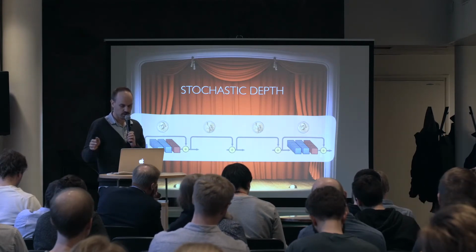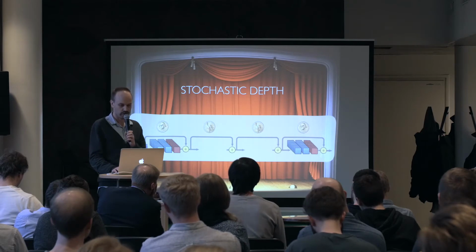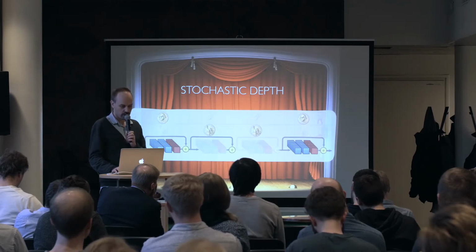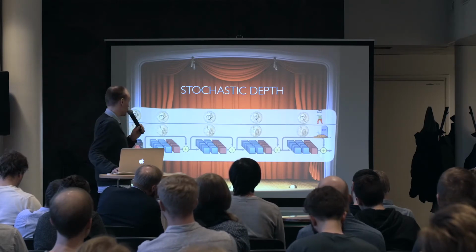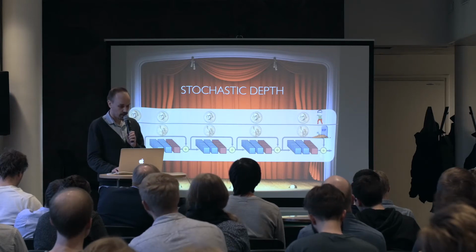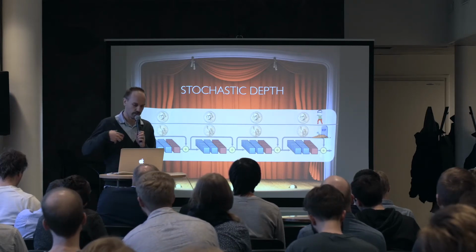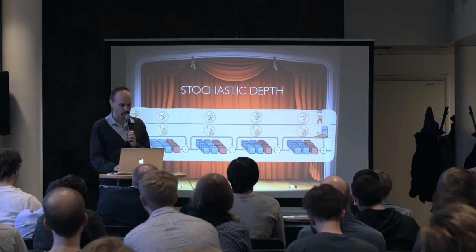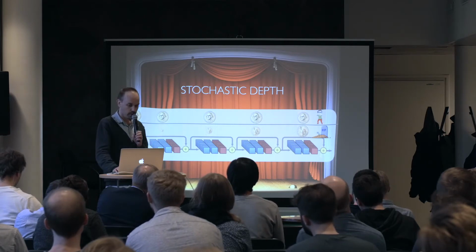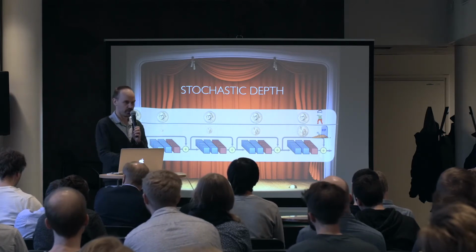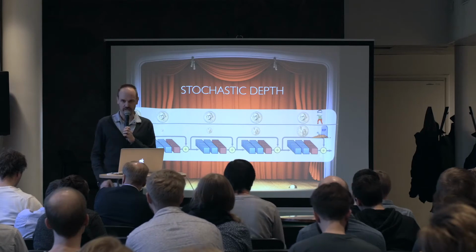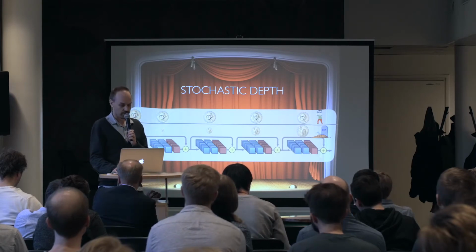So for different images, we drop out different layers. One minor detail is that we don't drop the layers with equal probability. The first layer is not dropped out at all, because if we didn't have the input image at all, then we couldn't predict anything.